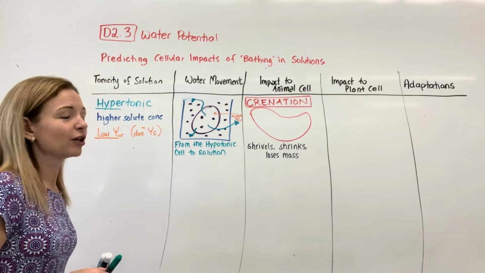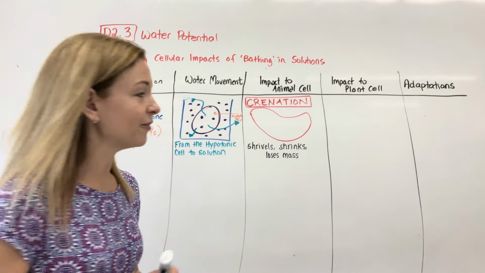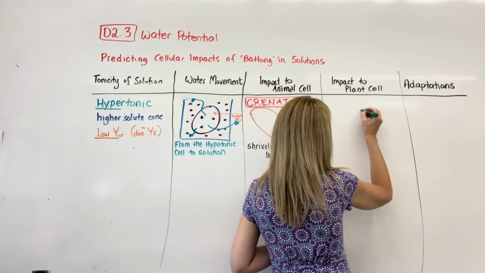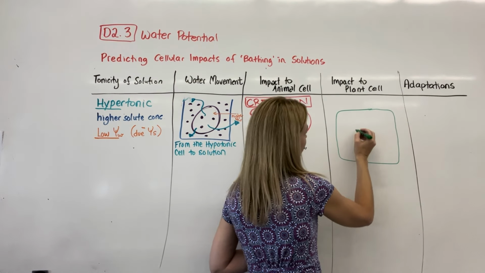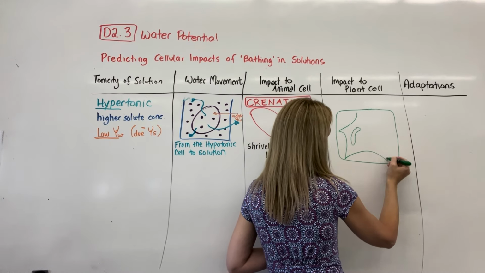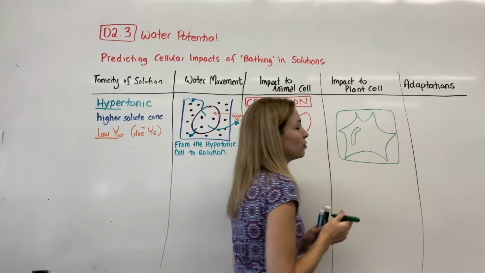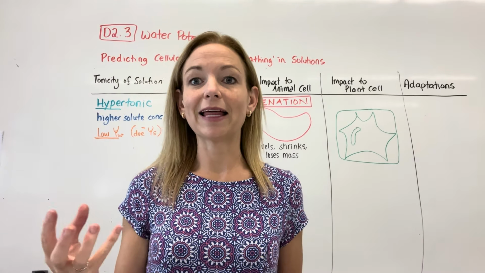Okay, if we look at impact on a plant cell, so plant cells are a little bit different, of course, because they do have the cell wall. But what will happen is the vacuole will shrivel, and then as the vacuole shrivels, the actual cell membrane will shrivel because the vacuole is responsible for kind of keeping it inflated.